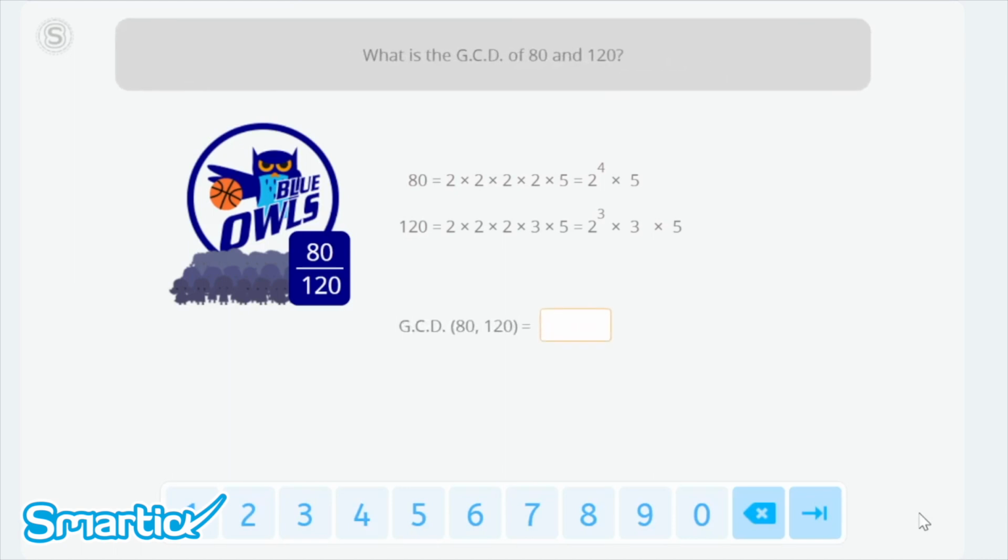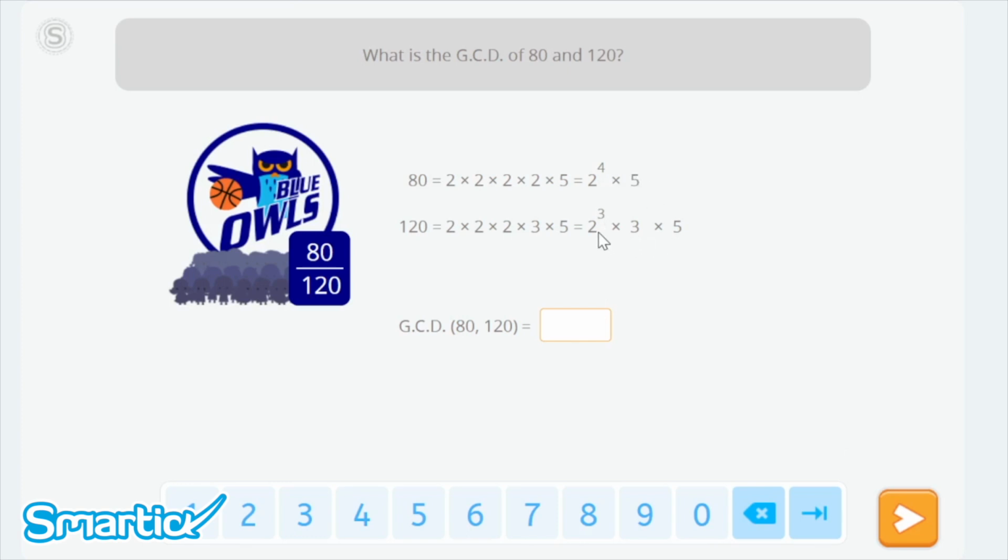Now we've only got one step left. What's the greatest common divisor of 80 and 120? Okay, so we have to look at the common divisors for both numbers. So there's 2 and 5.